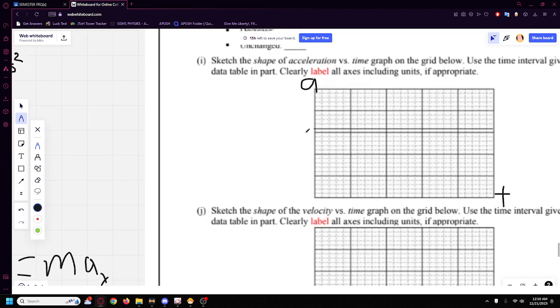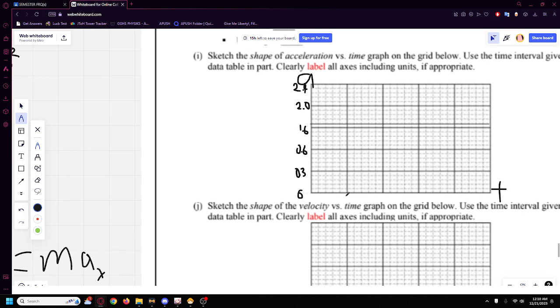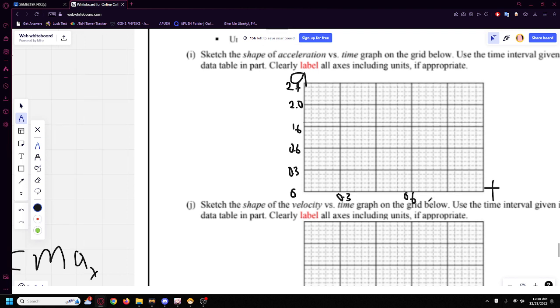This is 1.6, 2.0, 2.4, 0.6, 0.3, and this is 0.3, 0.6, and 0.9.